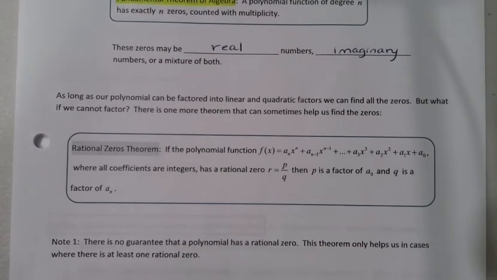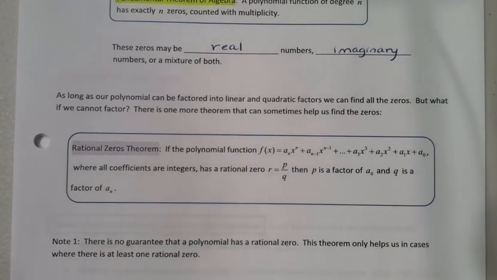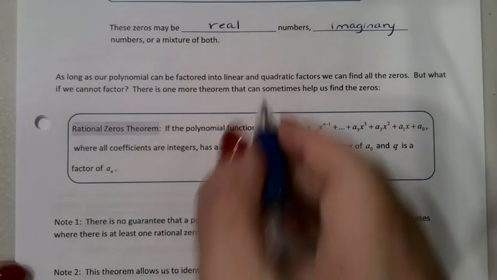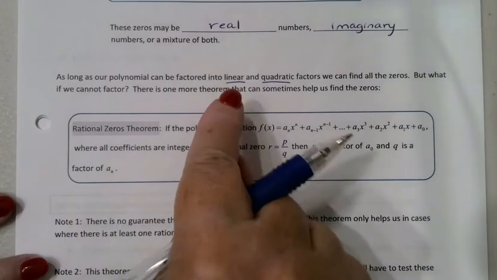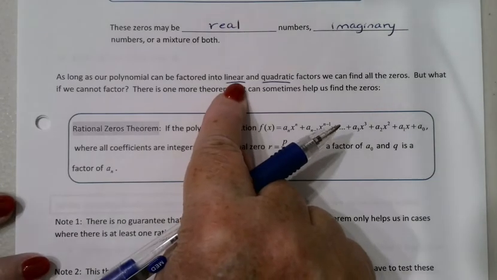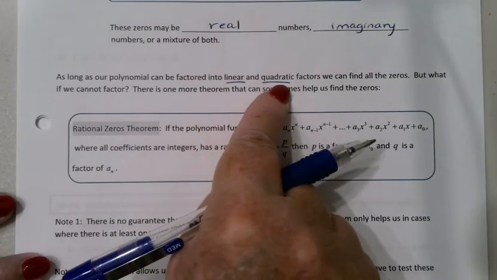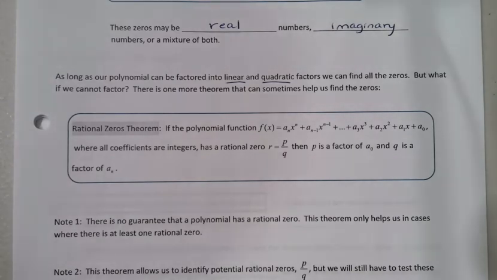All right, so here's where we are at this point. As long as we're able to factor our polynomial into linear and quadratic factors, we're fine. We can always find the zeros because we know how to solve all linear equations and we know how to solve all quadratic equations. But factoring sometimes is almost a lucky thing, right?